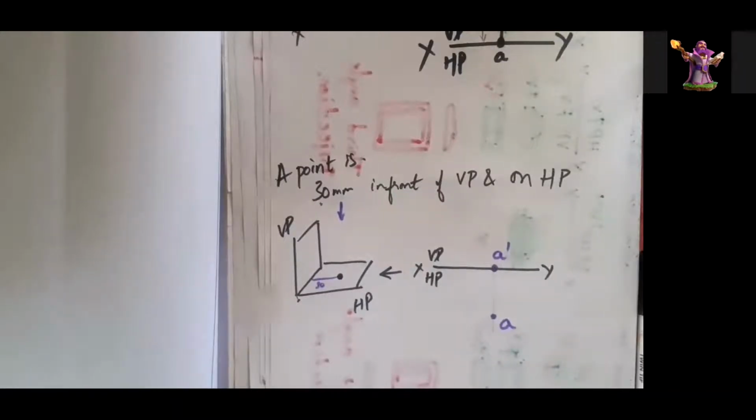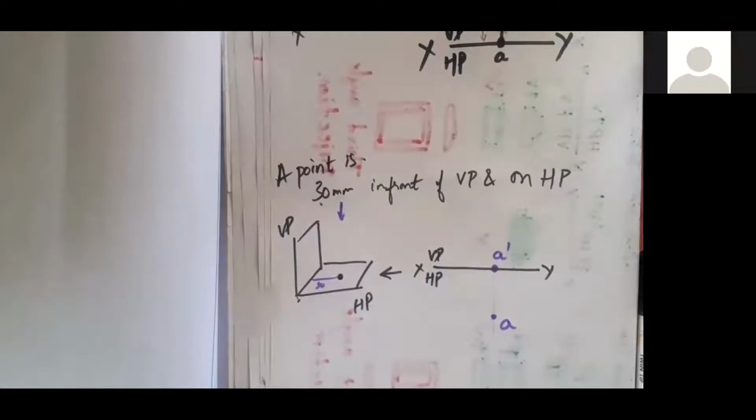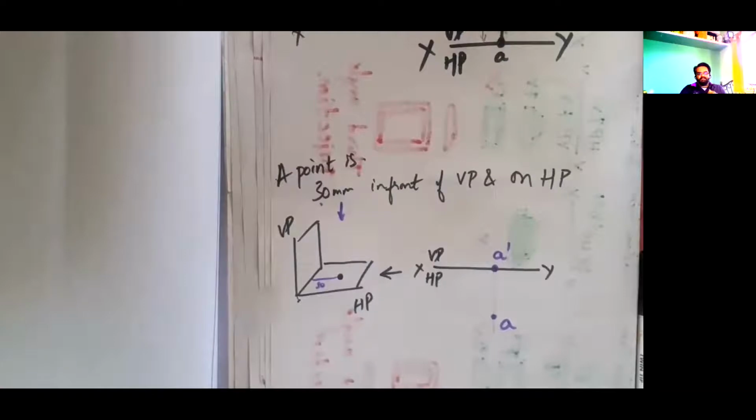Yes, sir. See, we are completely imagining the point in different positions and possibilities. Based on these concepts, there may be some other problems associated. For example, in the next chapter, there are very simple problems in projections of lines. A line is constituted with a series of points.